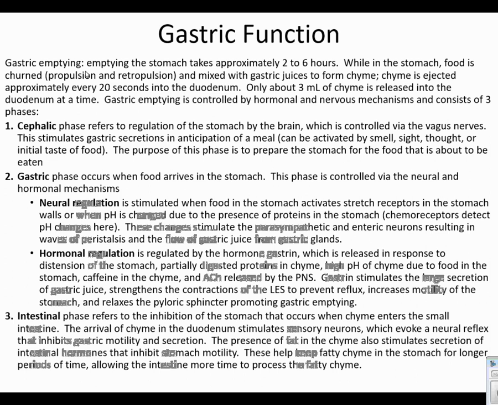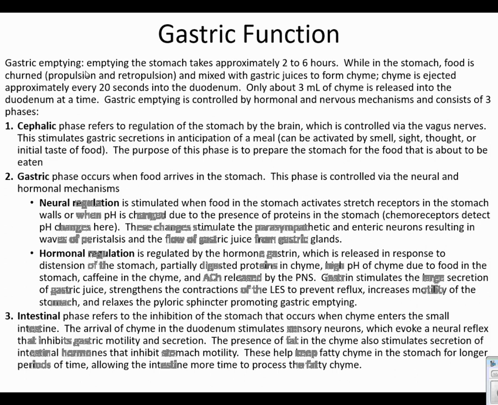Hormones involve gastrin. Gastrin was that hormone that we release, or actually by the stomach itself, and it is released in response to distension of the stomach, partially digested proteins in the chyme, high pH of chyme due to food in the stomach, caffeine in the chyme, and acetylcholine released by the parasympathetic nervous system.